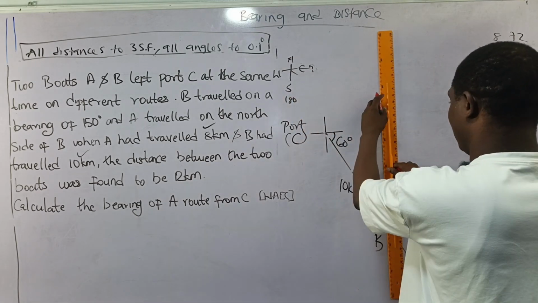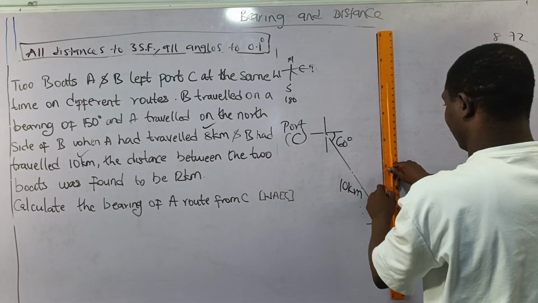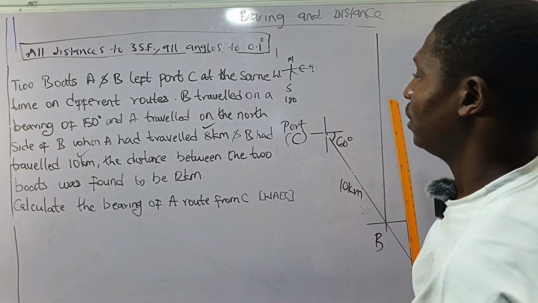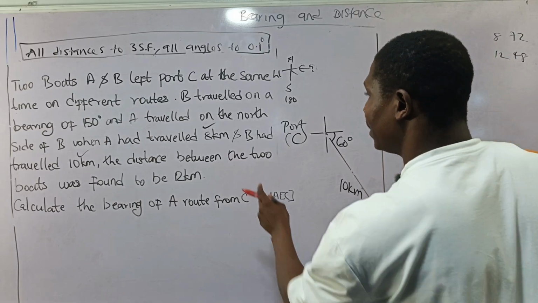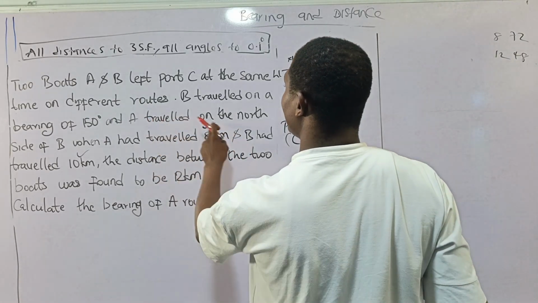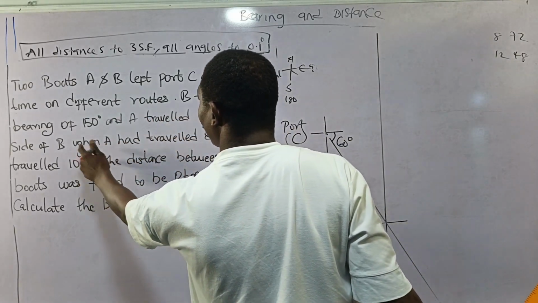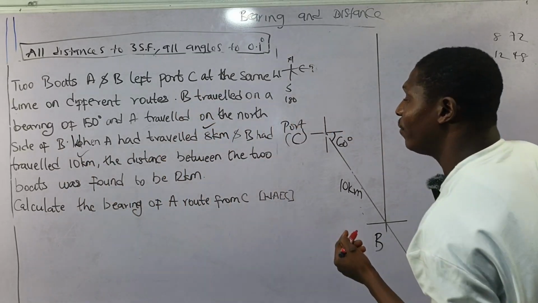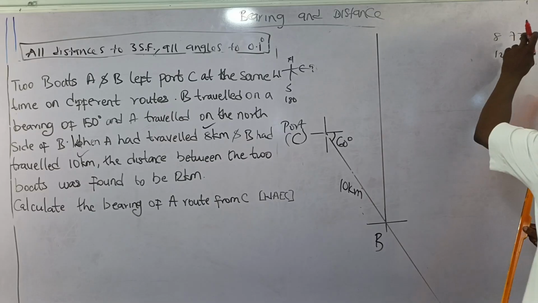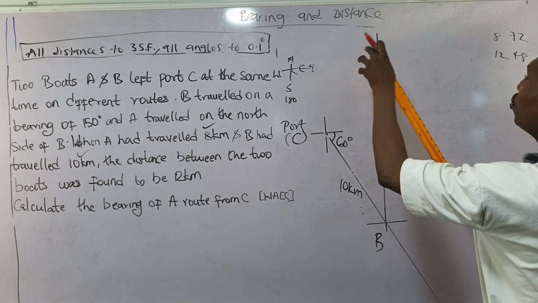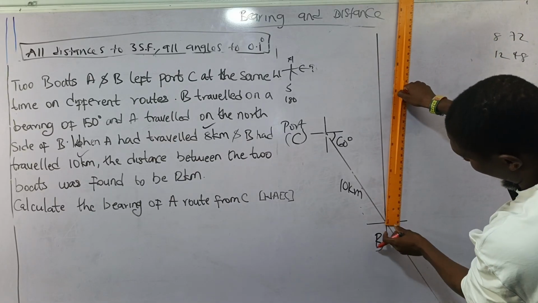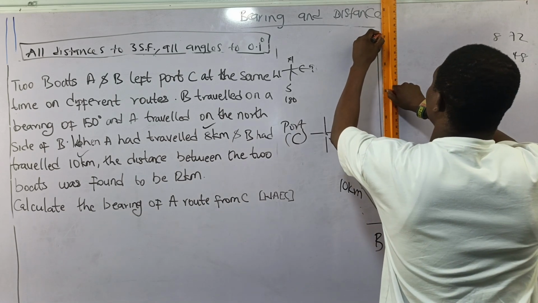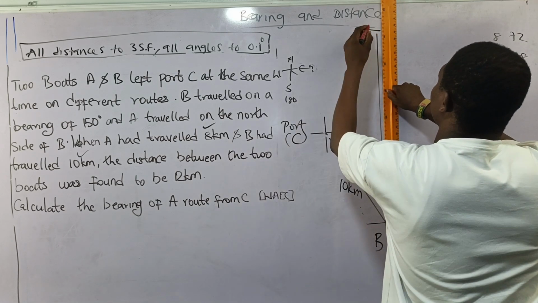So this is north side of B. A traveled on the north of B. Full stop. When A had traveled 8 kilometers, so my 8 corresponds to 72. So I use my centimeter rule again to check. Please do that on your own. So this is my 72.